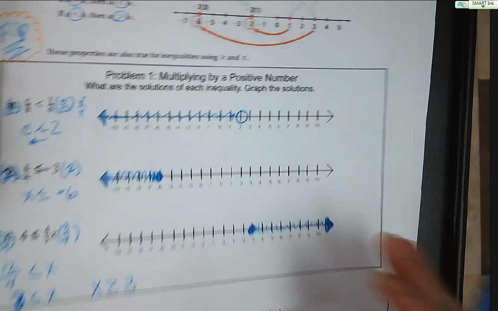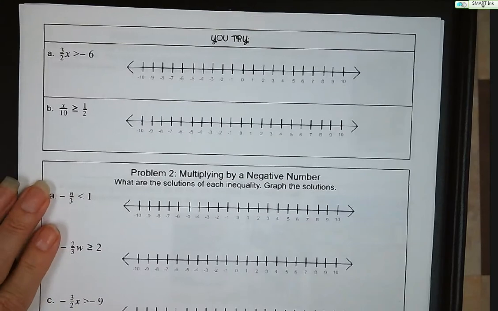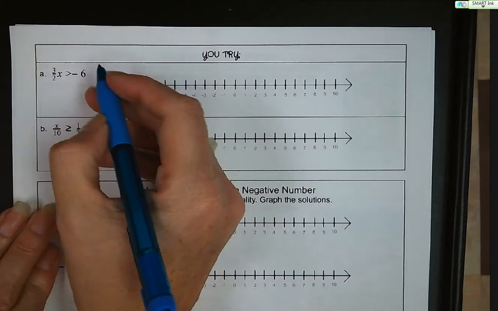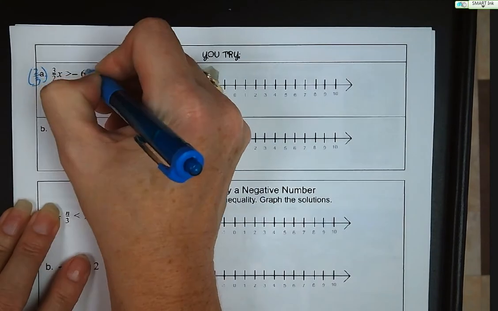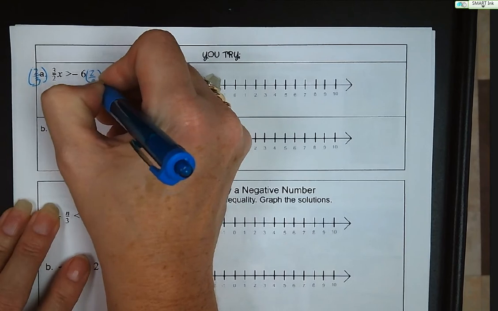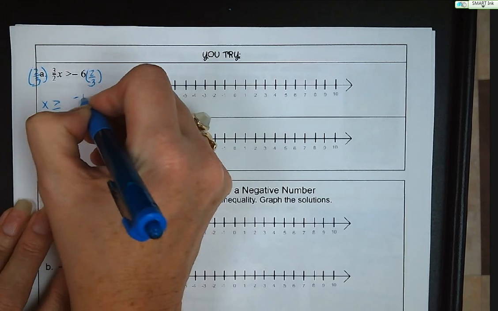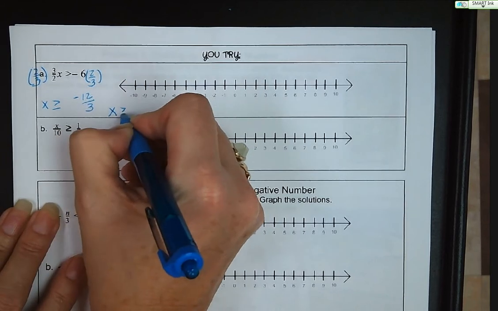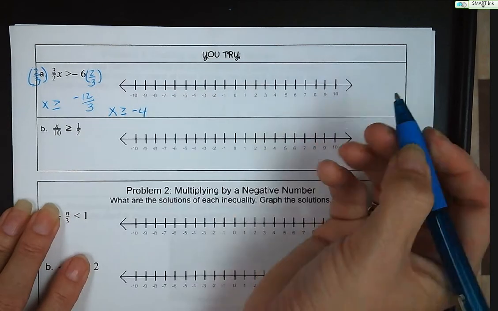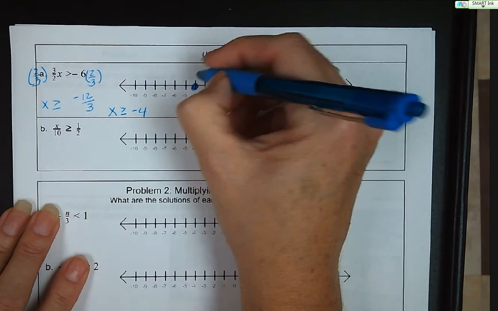All right, moving on, why don't you guys give the top 2 a try. So 3/2 x, we're going to multiply by our reciprocal, which is 2/3. So x is going to be greater than -12/3, which is -4. So we have a closed dot at -4, and we are shading to the right.